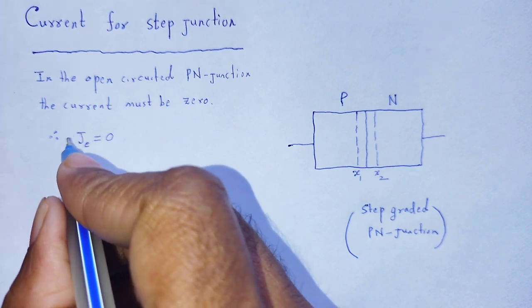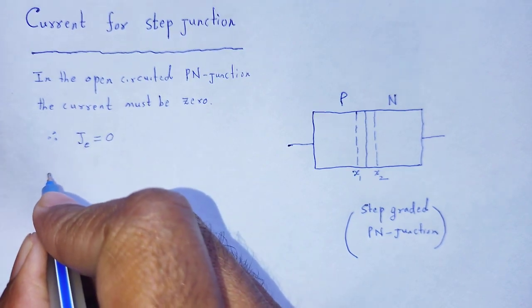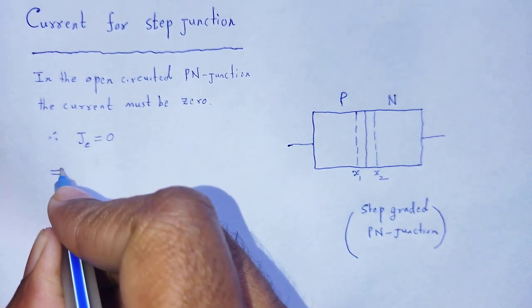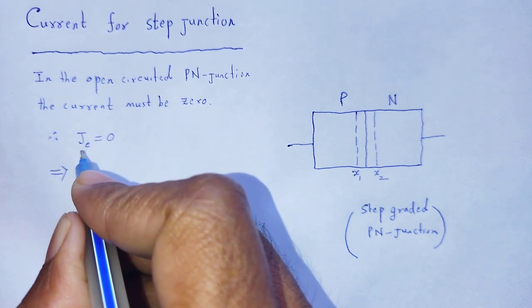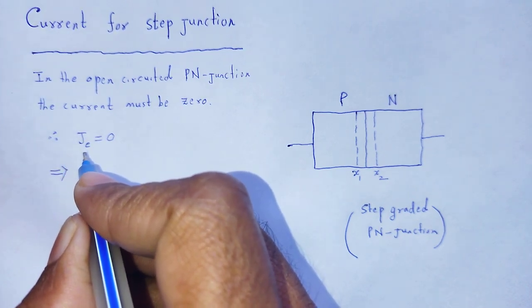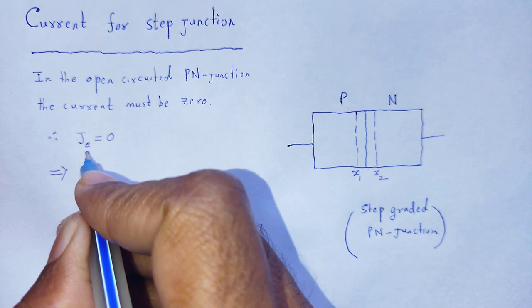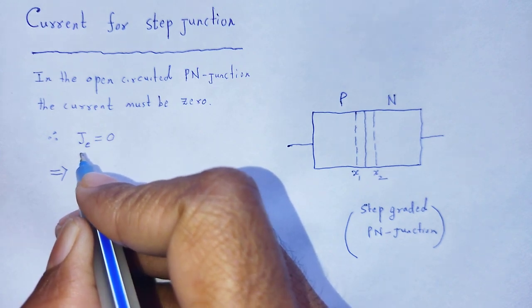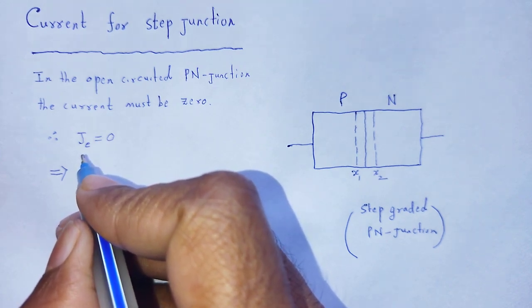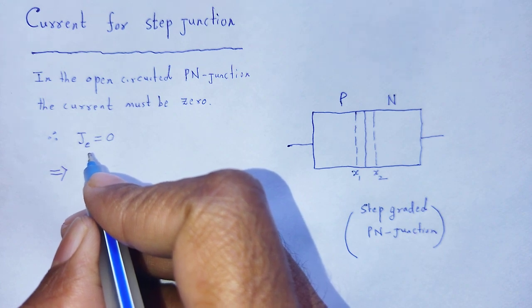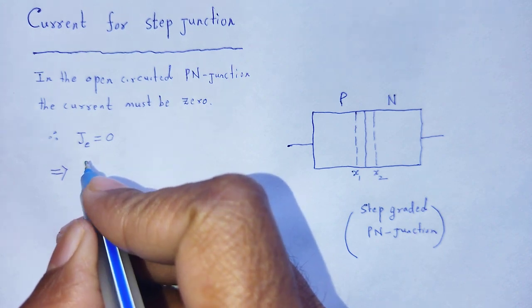The expression for current density due to electrons is the combination of current due to drift velocity and current due to diffusion.